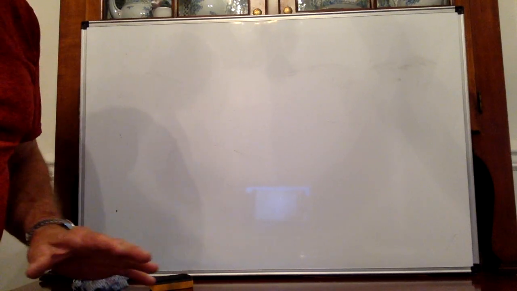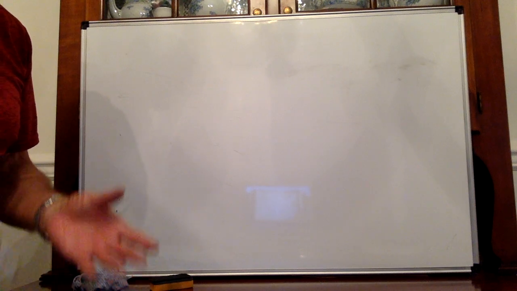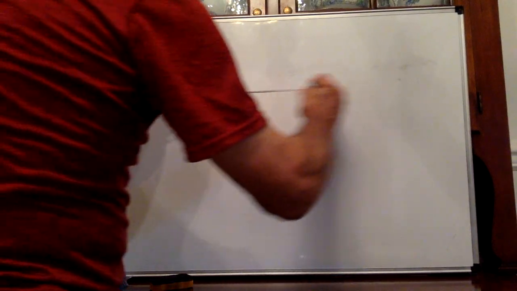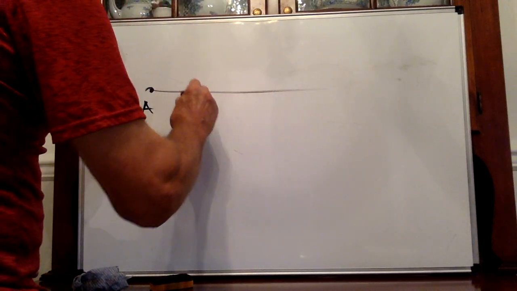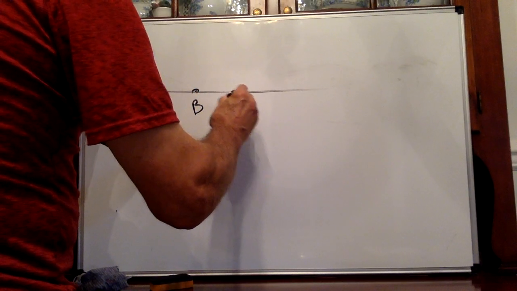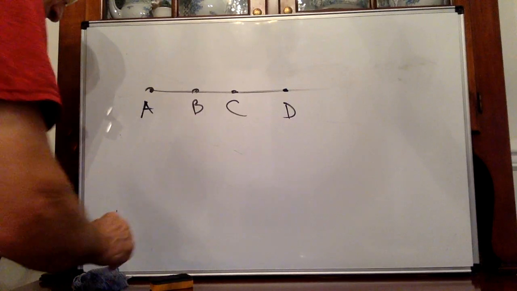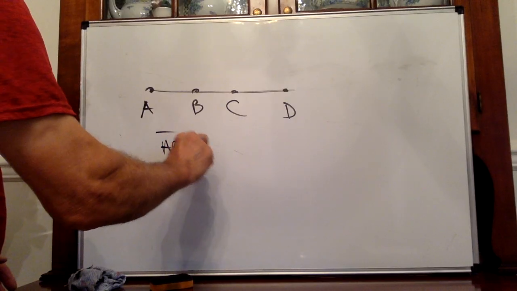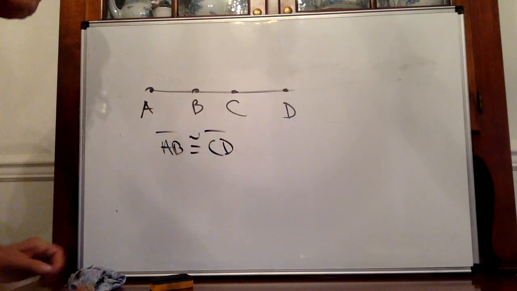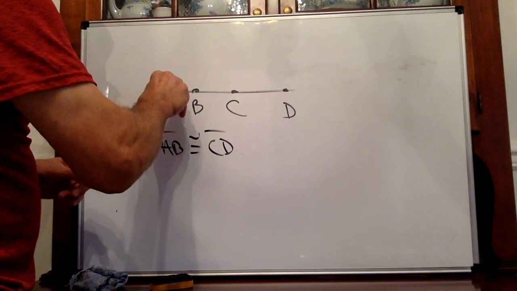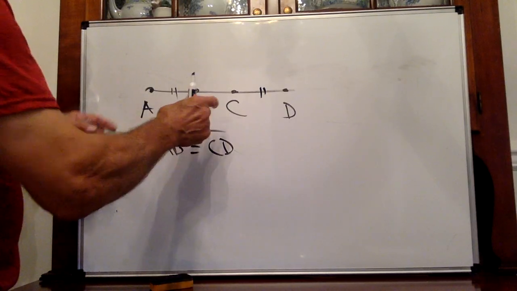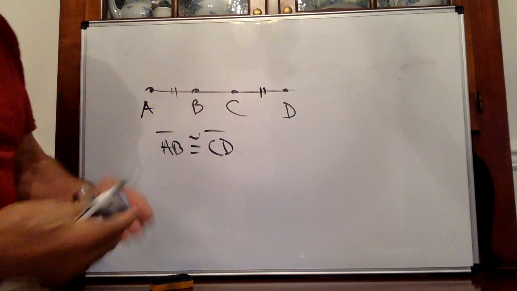You can add line segments together, or you can add pieces of line segments together, and their sums will then also be equal. In other words, if I have a line segment like this, A, B, C, and D. If I gave you this figure and I told you AB is congruent to CD, if this little piece is congruent to that little piece, well, BC, anything is congruent to itself.